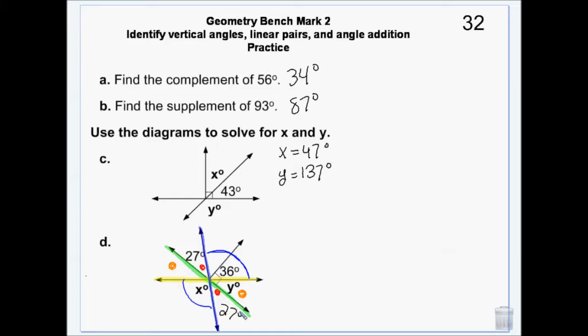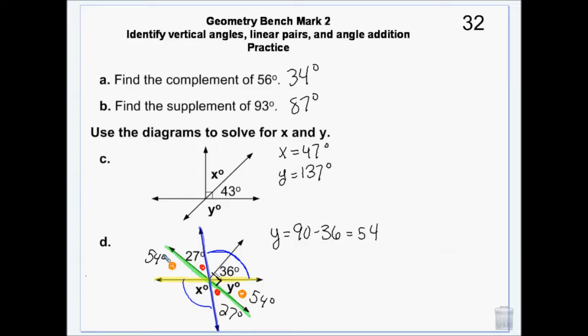Now, Y and 36 have this right angle, so those are going to add up to 90, so Y is 90 minus 36. So that's 54. Okay, so if this is 54, that makes this 54. I still don't know what that is, so it's not going to be useful.